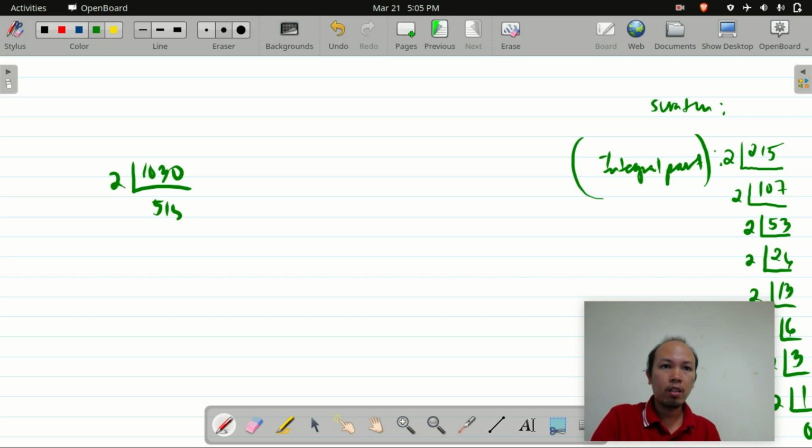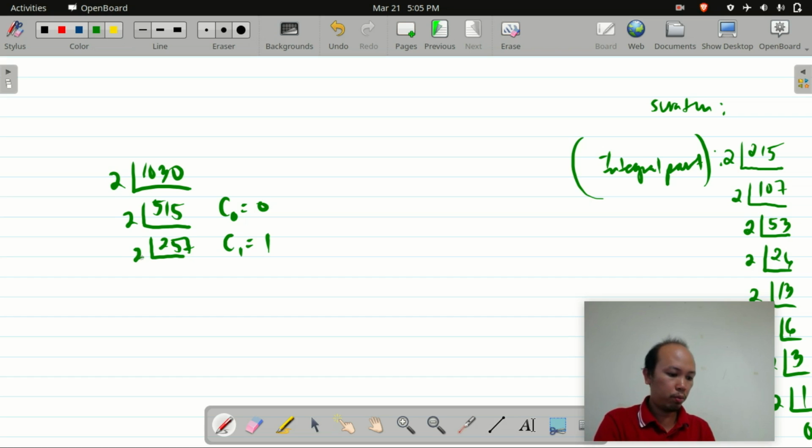The quotient is 515, and the remainder C sub 0 is 0. Divide this again by 2. 515 divided by 2, our quotient is 257. 257 times 2 is 514, so our remainder is 1.